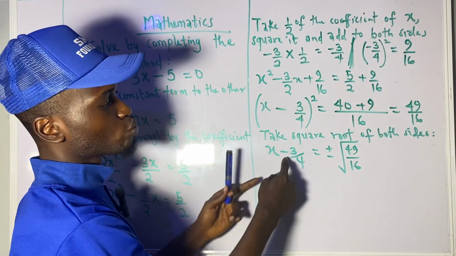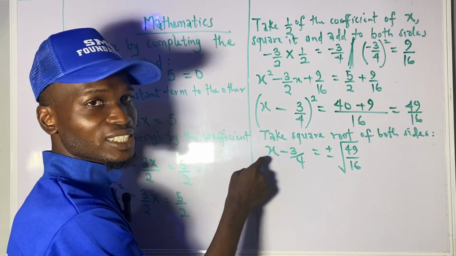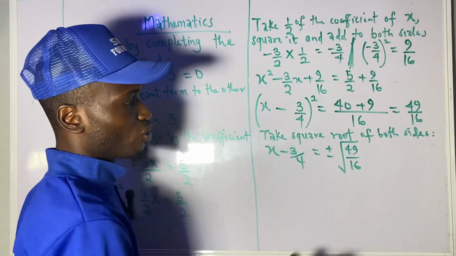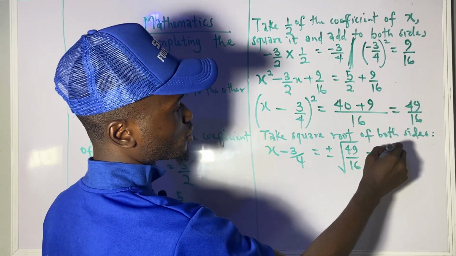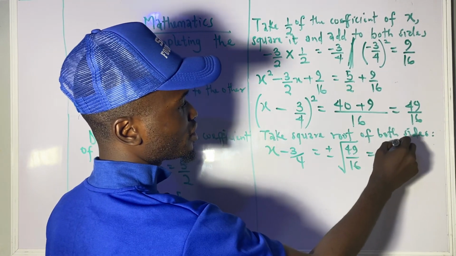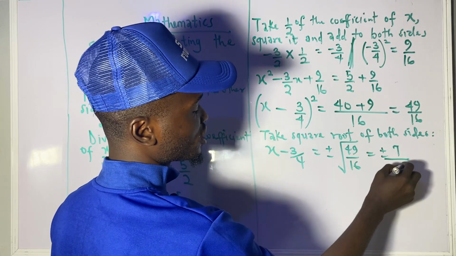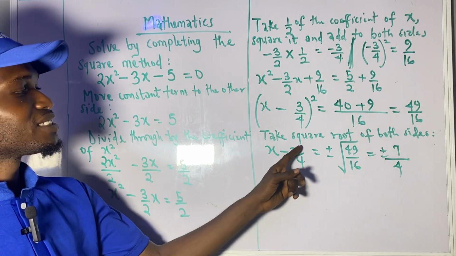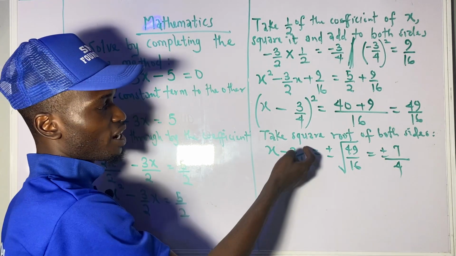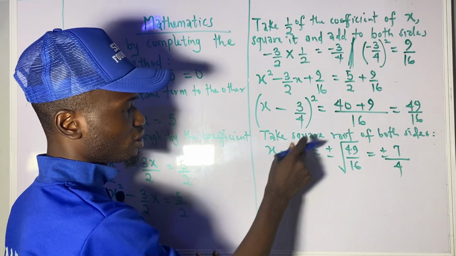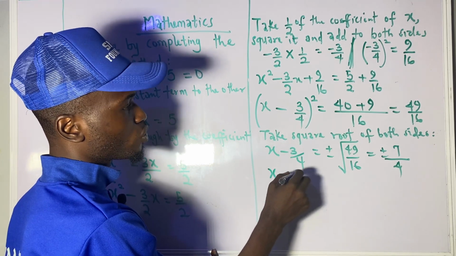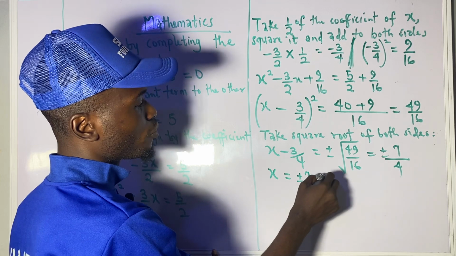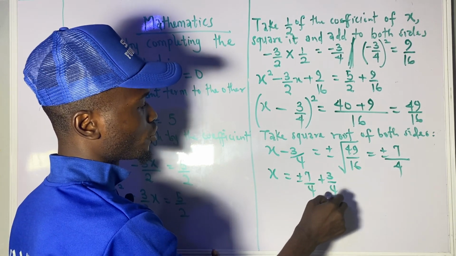Now, in order to simplify this, we want to get x, not x minus 3 over 4. From here, this can give me plus or minus, the square root of 49 is 7 and the square root of 16 is 4. So from here, we can add 3 over 4 to both sides. If we add 3 over 4, this will vanish. So we have x equal to plus or minus 7 over 4 plus 3 over 4.